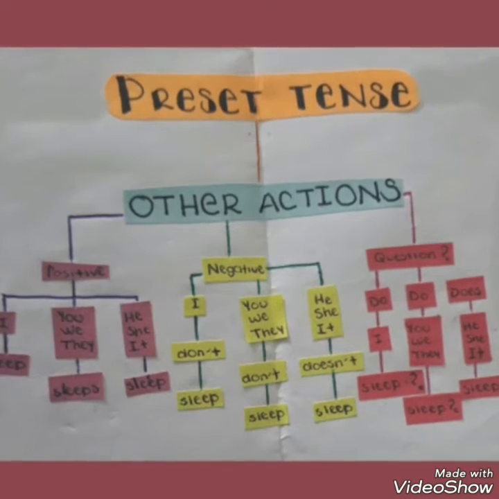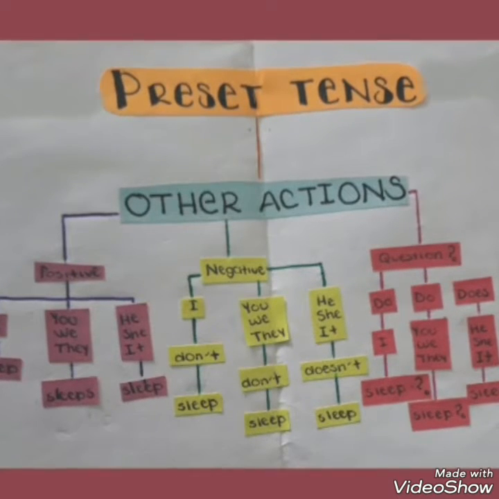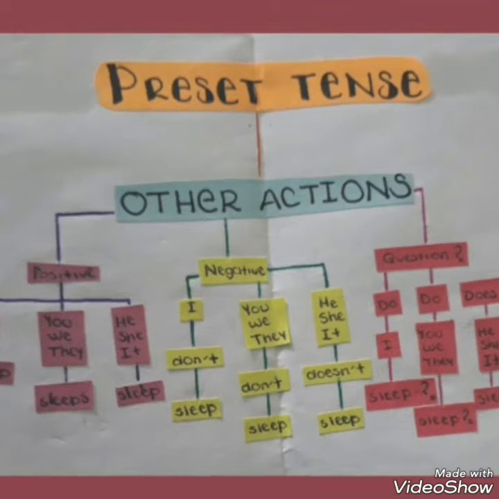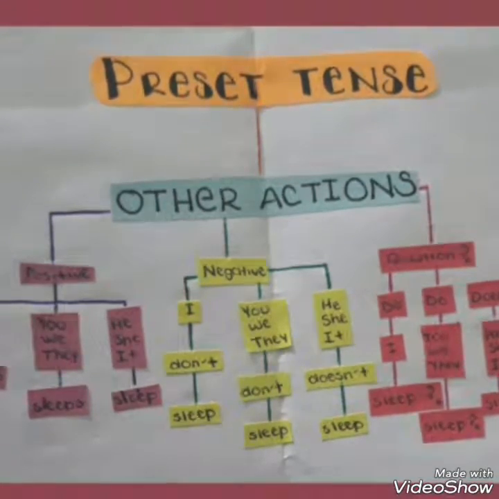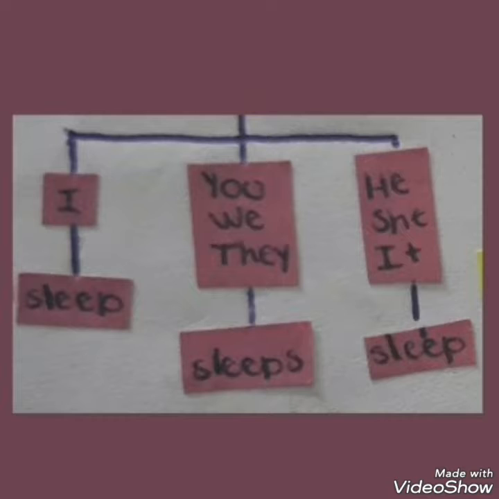The present tense has three ways to use it: positive, negative, and interrogative. The positive form is used in three ways. In this case, the verb am is used with the pronoun I. The second are referred to the pronouns you, we, and they, and in this case are is used because we are talking about more than one person.